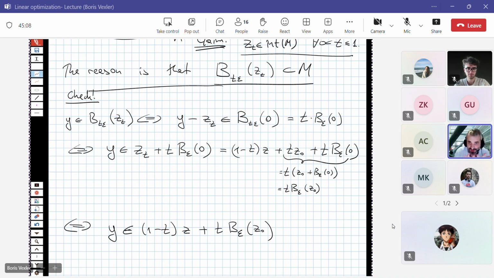Do you agree? Just a direct calculation. Now, we know, and this was our starting point, that Z0 was an interior point, and therefore B epsilon of Z0 was exactly the neighborhood which is a subset of M. Okay.